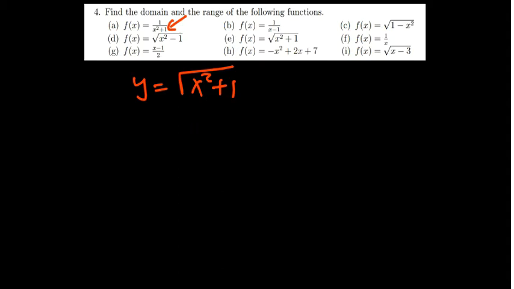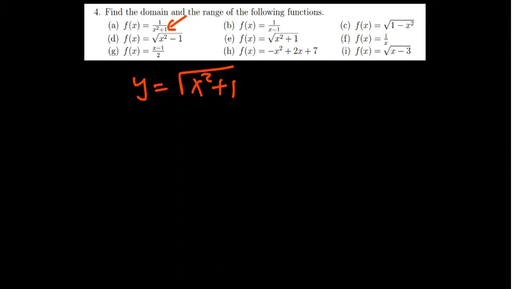The fact that we have a positive 1 being added means it was only going to be possible for us to get a 0 or a negative number if we had an odd power there, because no matter what you plug in for the value of x, we always get a positive value. So we can never get a negative, not even a 0 in that case, but a 0 can still work.